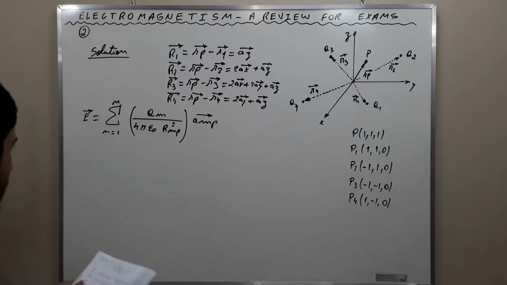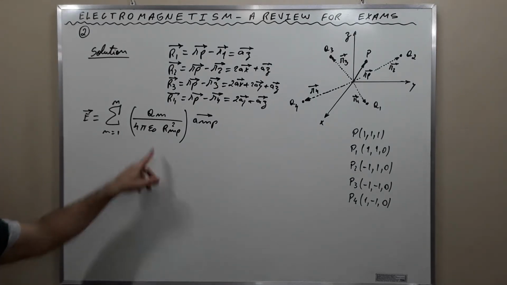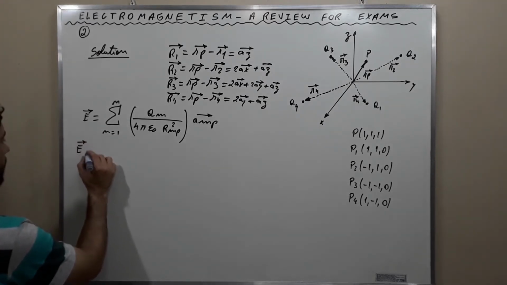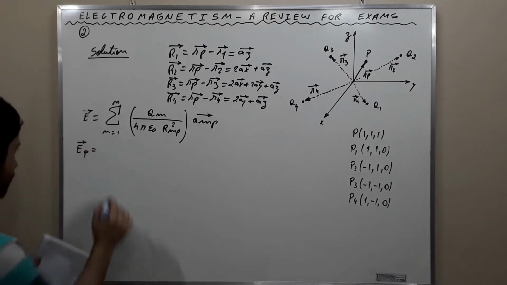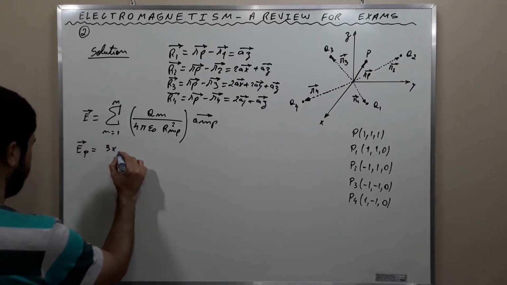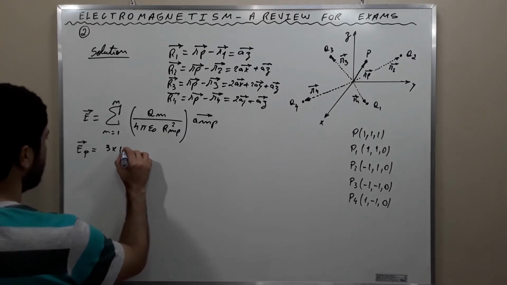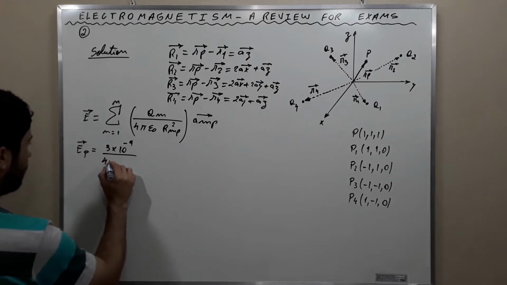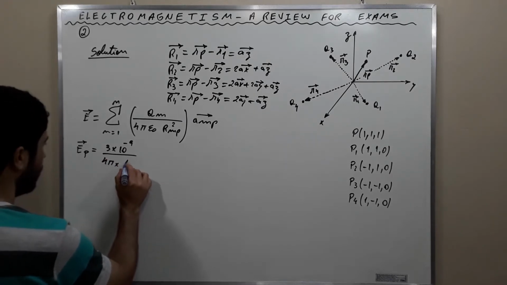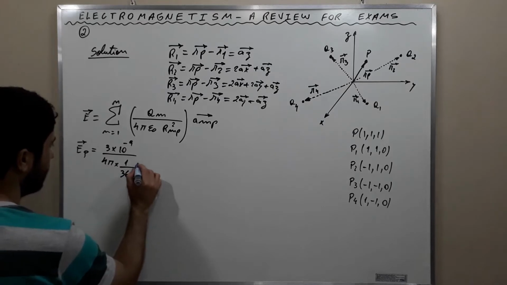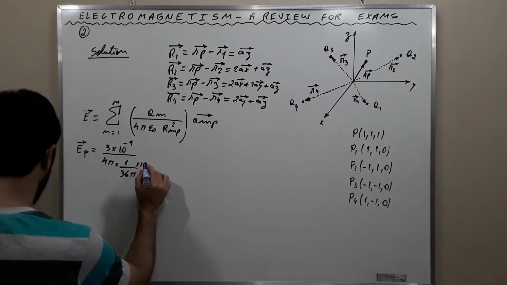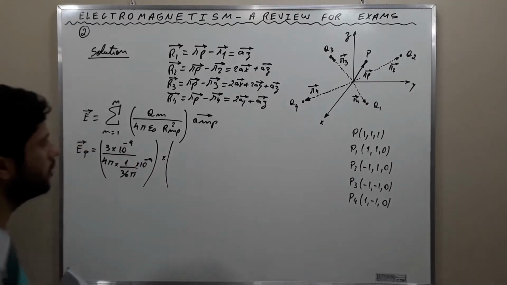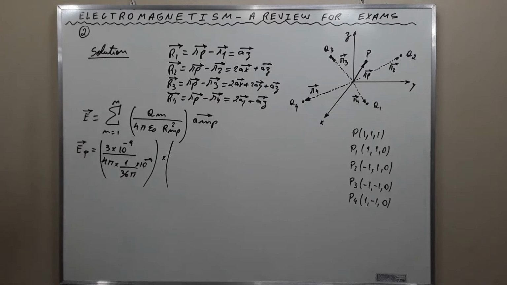With these vectors, we are going to calculate the field using this expression here. The electric field at P is going to be 3 times 10 to the negative 9 divided by 4 pi times 1 over 36 pi times 10 to the negative 9, multiplying now the unit vectors.